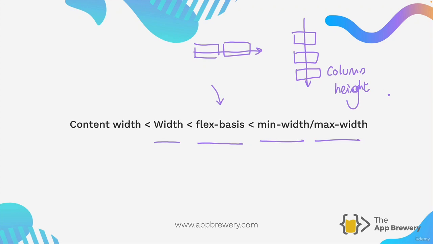And we've already previously set the height property and the width property, and you can set that on any HTML element, so there's nothing new there. Now the final one that it looks at, if none of those are set, is the actual content width. Let's say you had an item that contained a paragraph with the words App Brewery.